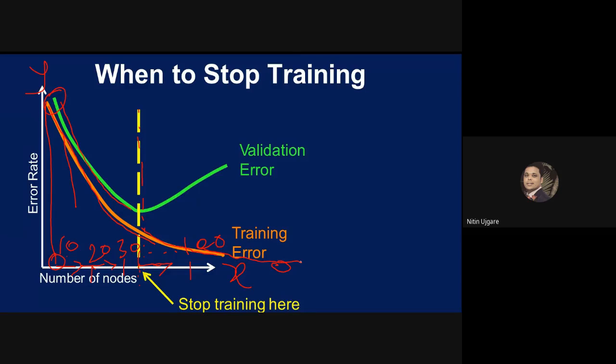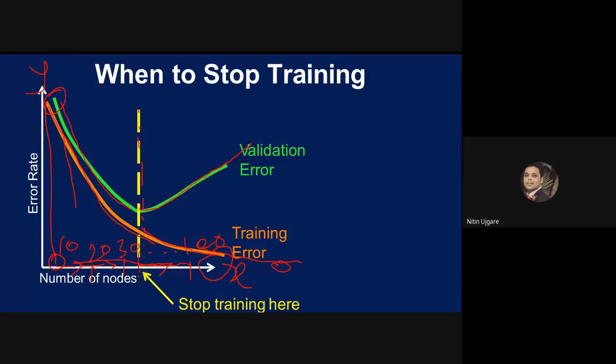But making the training error zero has an impact on the validation error. By reducing the training error, we are increasing the validation error. This happens because we are increasing the training data size and making our model very complex. As the size of your training data set increases, the model will definitely become more complex.